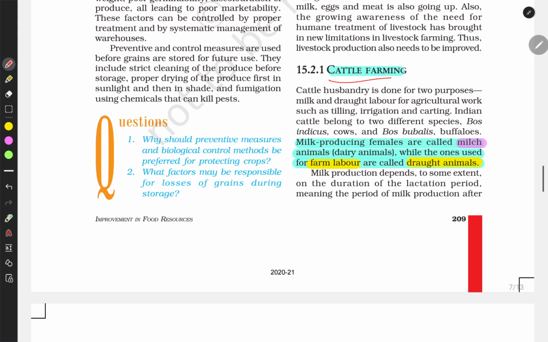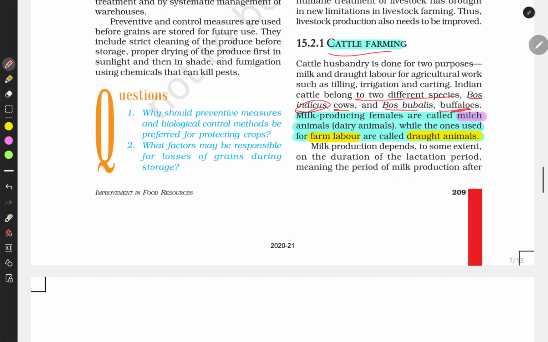Cattle farming. Cattle farming is most common in India. There are two types of cattle, Bos indicus cows and Bos bubalis buffaloes. Milk producing females are called milch animals, because they produce milk.